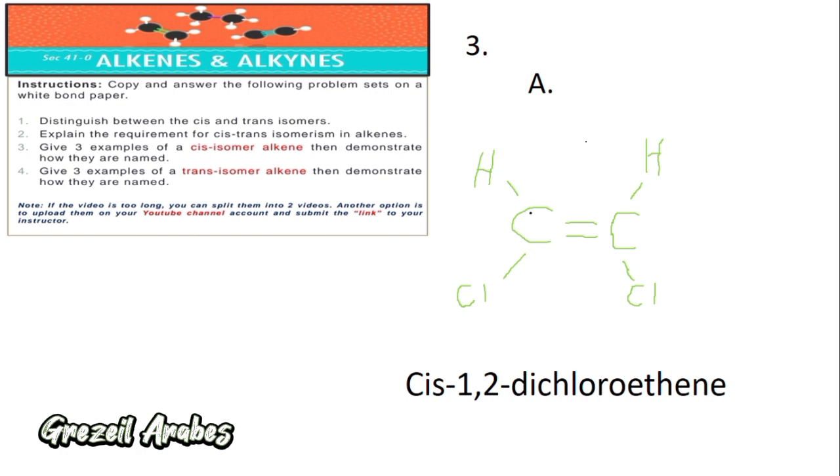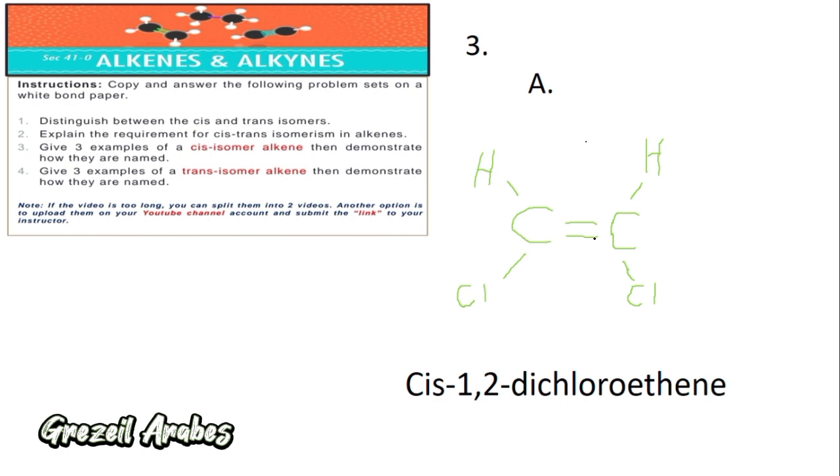It's said that a cis-trans isomer alkene should have a double bond because rotation should not exist at all. So that's why there is a double bond found, because it is stated in the two rules or two requirements for cis-trans isomerism.